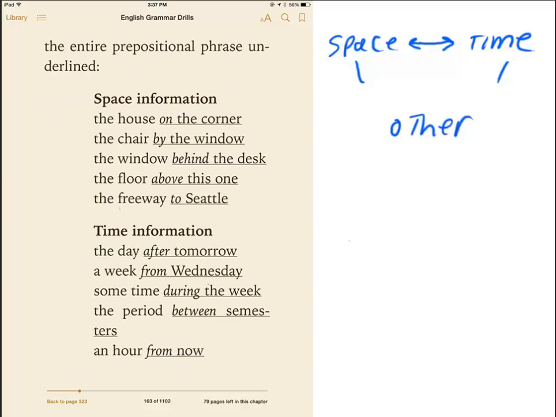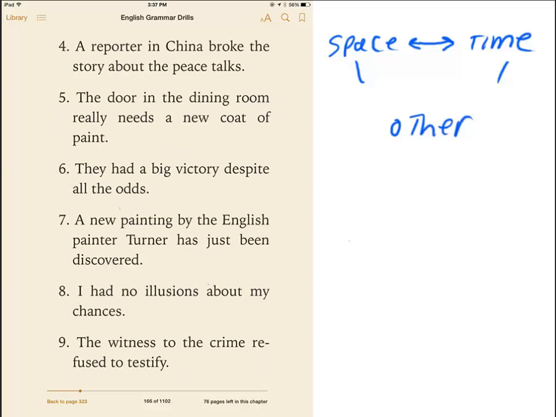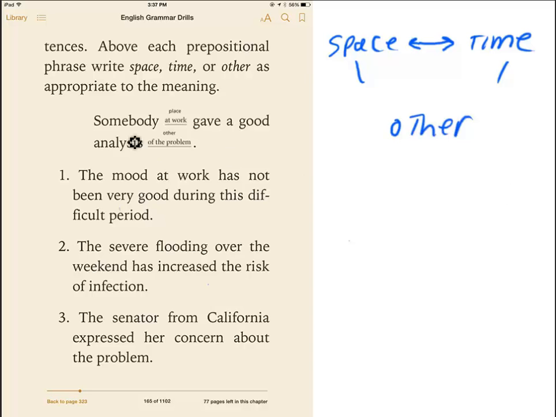No, they changed it, and that's okay. Instead of saying space, they said place, and really that is what it is: what place is it in, or what space is it in. They just mix the terms, so don't let that confuse you. Same thing. We'll just stick with space if you want.